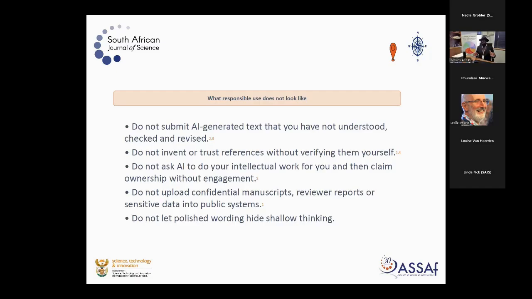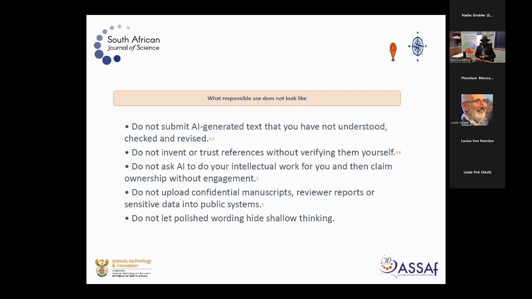Do not blindly trust references. I said this already, because AI can generate references that look really right, but are actually wrong. Please make sure that you double check that.